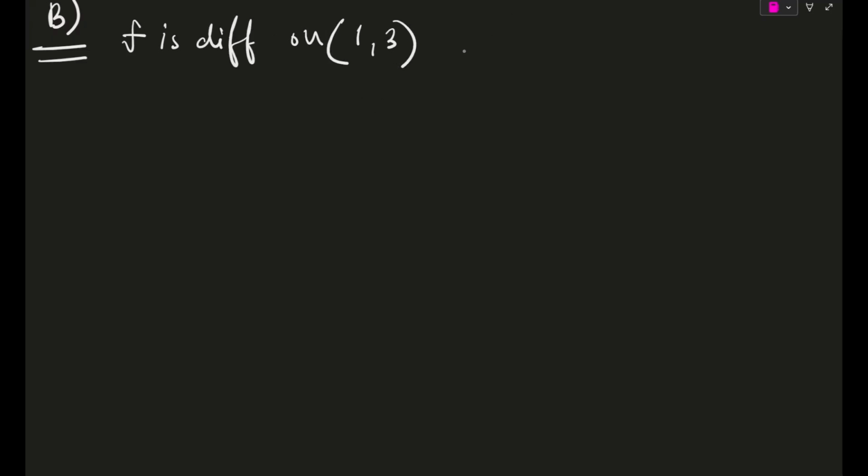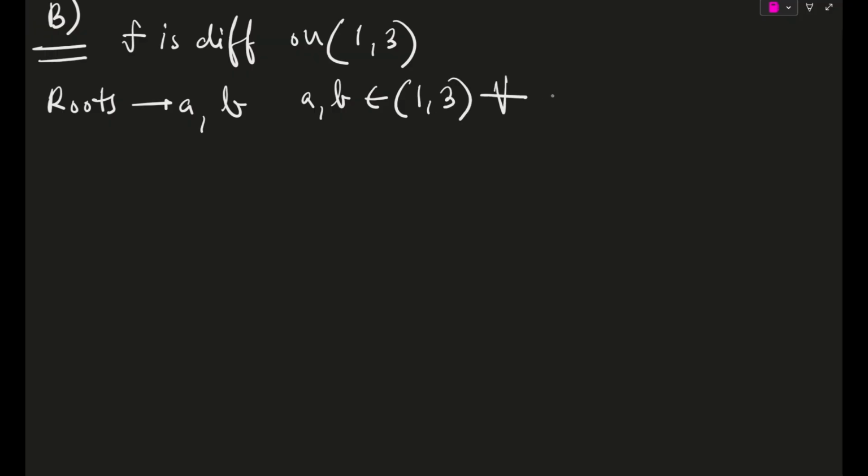So basically, in option number A, we saw f of x has at least two distinct roots. So if we take those two roots to be, say, small a and small b, then a, b belonging to 1 to 3 will exist for which f of a is equal to f of b is equal to 0. So now plain simple, f of a is equal to f of b is equal to 0.